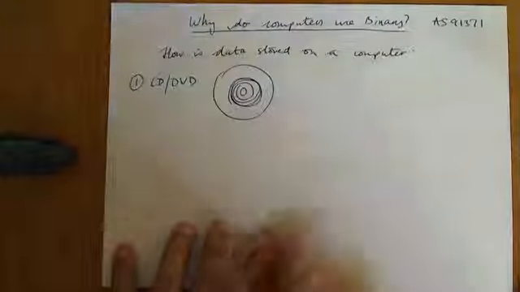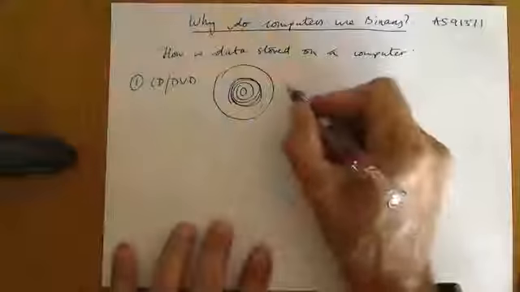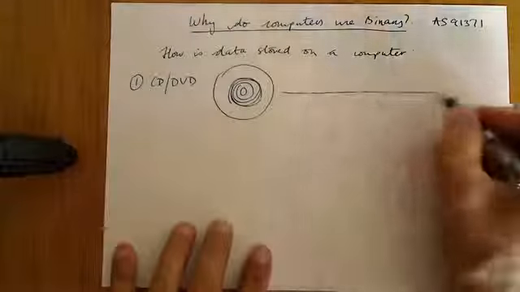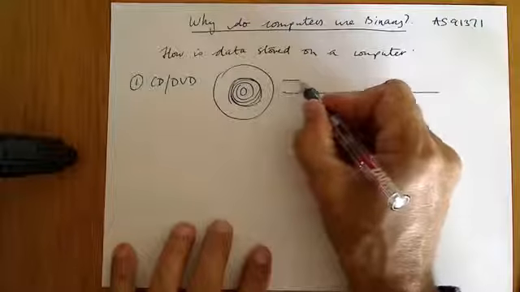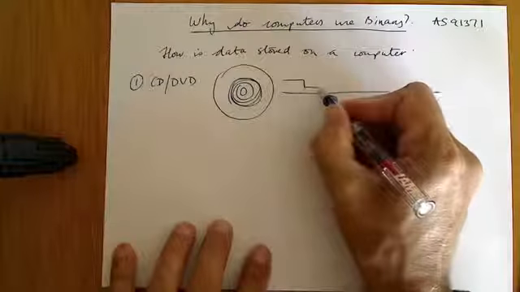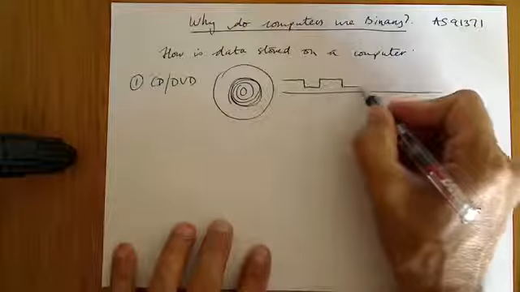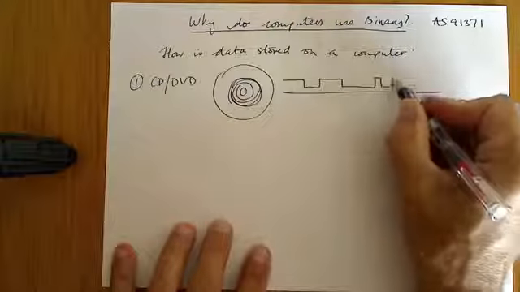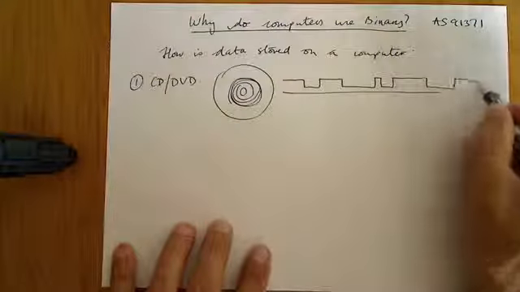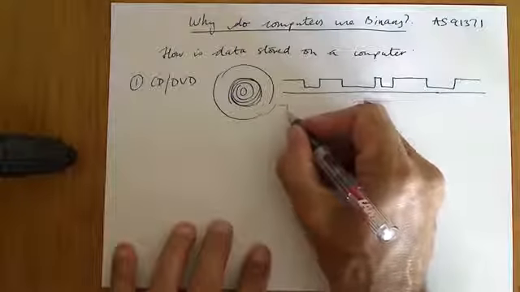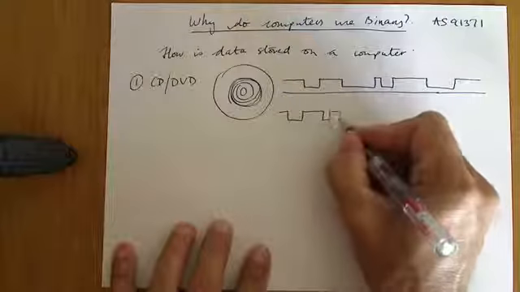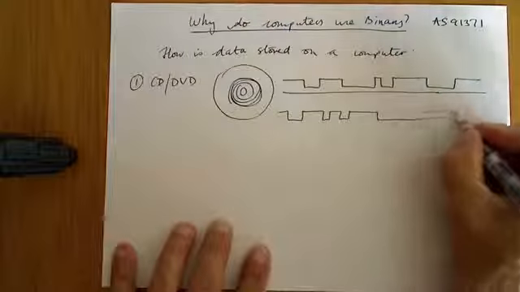Now, the interesting thing is if you look at them sideways on, so this is a groove or one of the ridges, you have bits that stick up, they're called lands, bits that go down, they're called pits. So you've got sections like this. That's one of the ridges, and here's another one. So you can see that you get a sort of pattern like this.